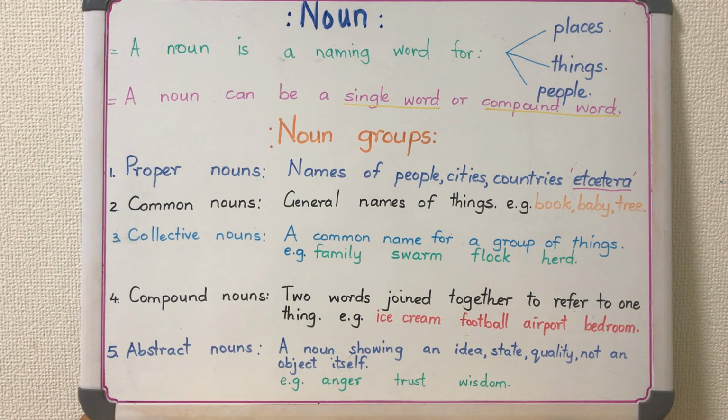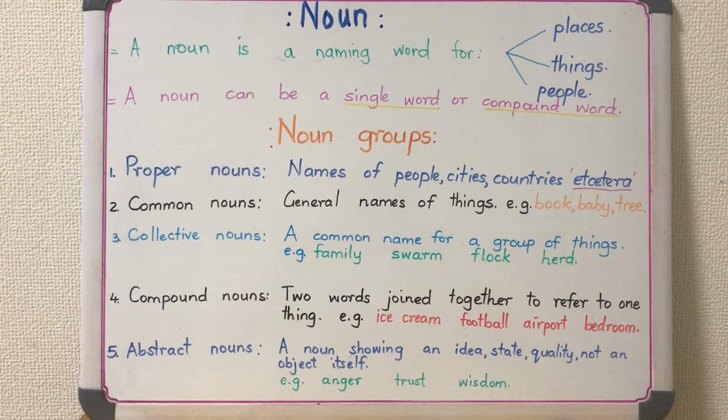Right. My first aspect is just a general description of a noun. What a noun is. I said here, a noun is a naming word. That's a very basic explanation of a noun, but very important. It's loaded, right? It's a naming word for a place or places, a thing or things, and for a person or people, right?